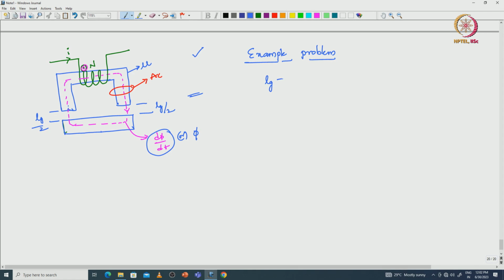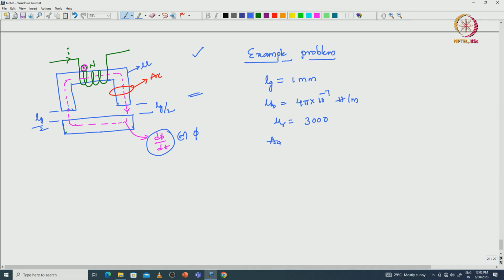Let us consider the length of the air gap Lg equal to 1 mm, and mu naught equal to 4 pi into 10 power minus 7 Henry per meter, and mu r, the relative permeability of the core, is 3000.